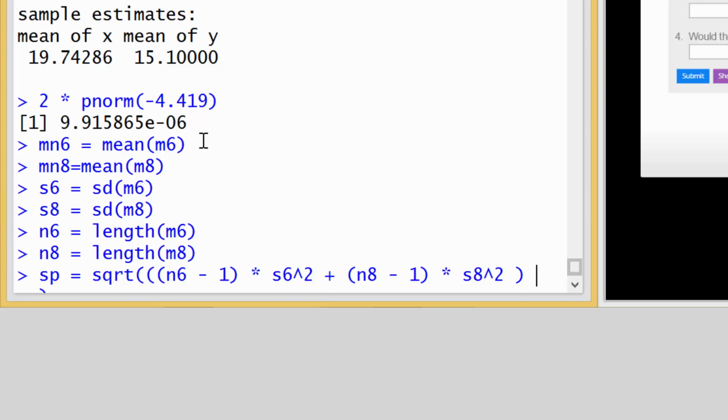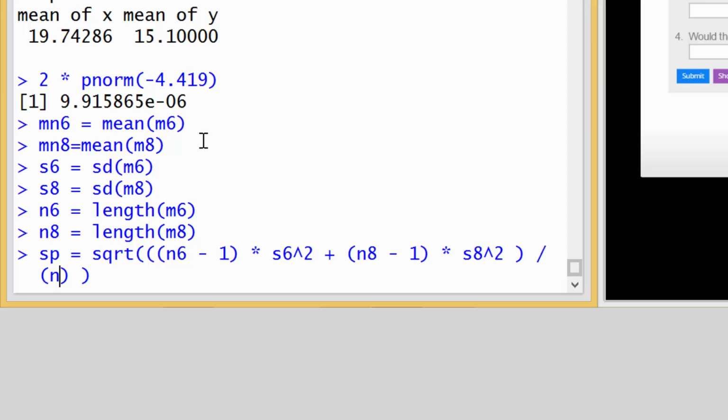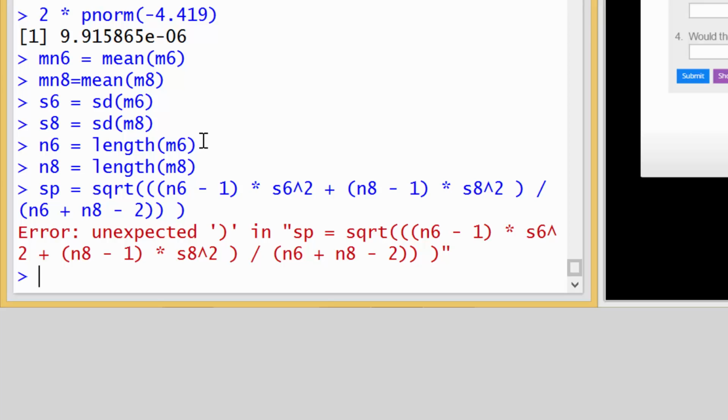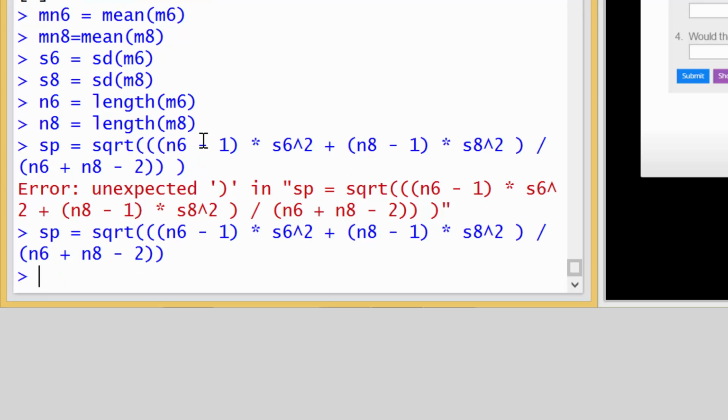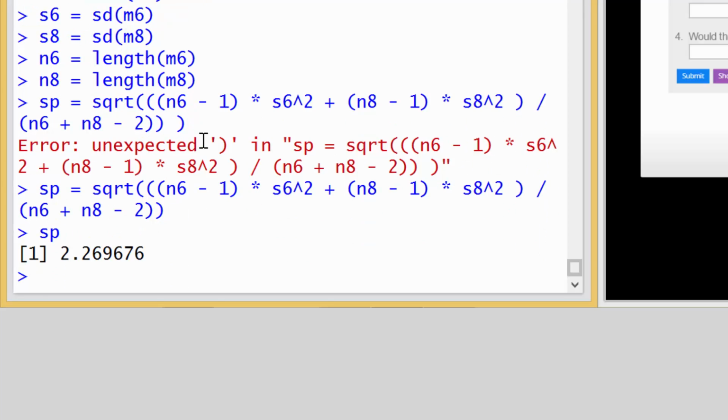So that's the numerator, and then I want that divided by N6 plus N8 minus 2. Okay, I have an unexpected parenthesis. Let's double check. Okay. 2.27.